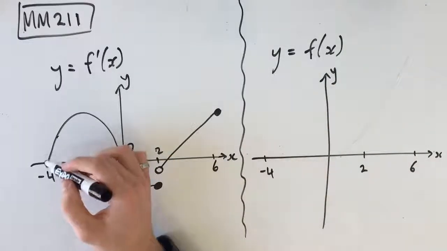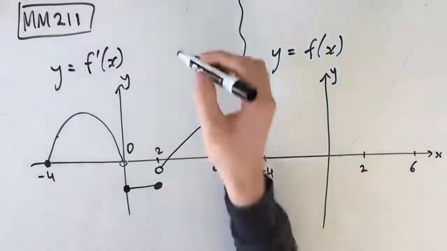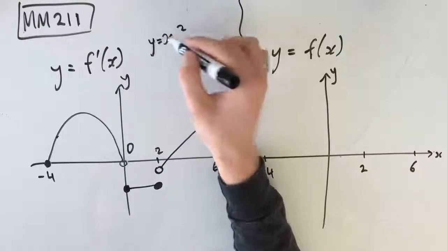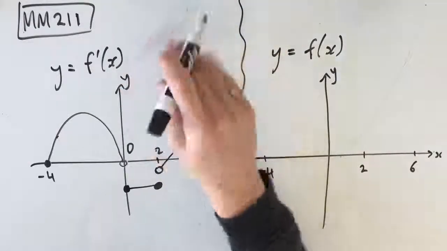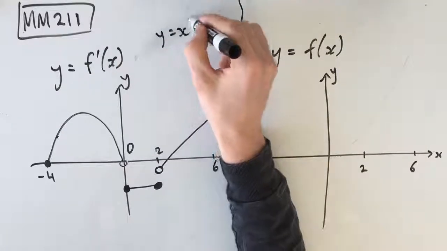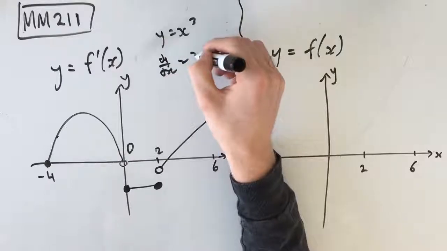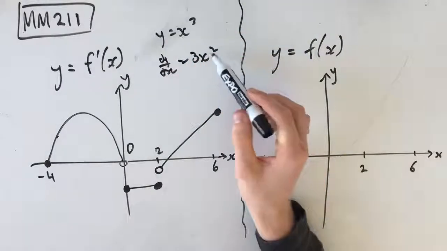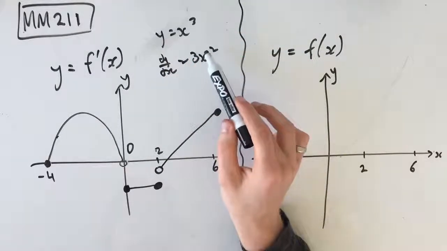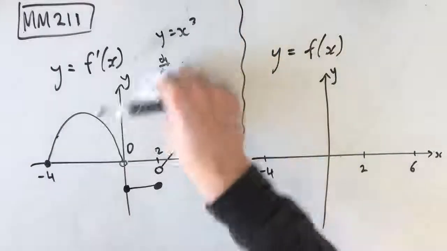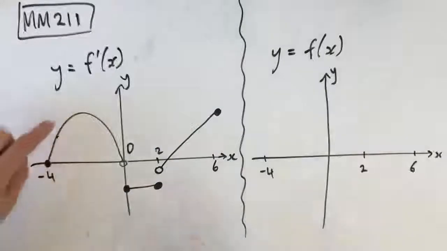Because of the way that the derivatives work, let's say our original is y equals x cubed, then our derivative is going to be 3x squared, right? So if the gradient is a quadratic, then the original is going to be a cubic, okay? So that's the first part of this question. Just for this section here.